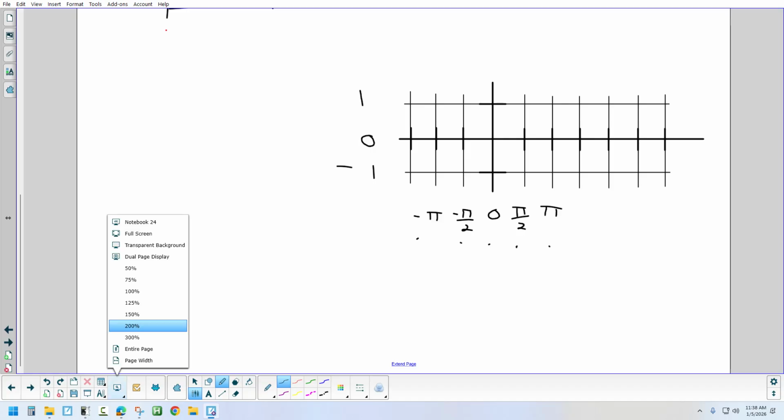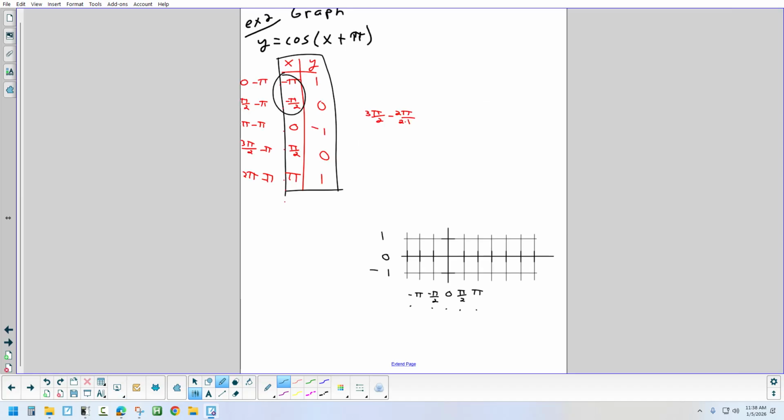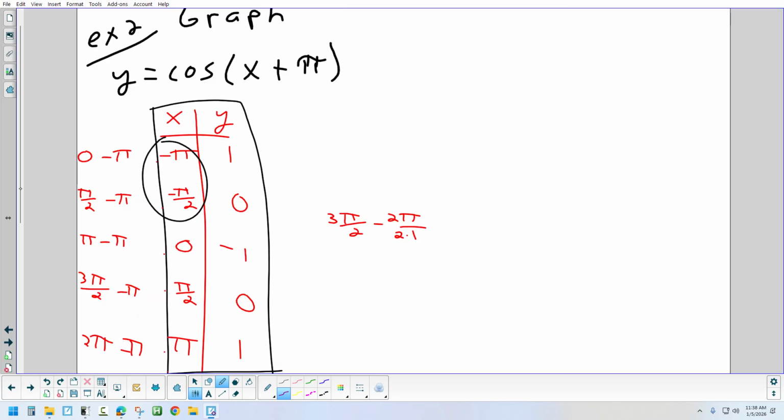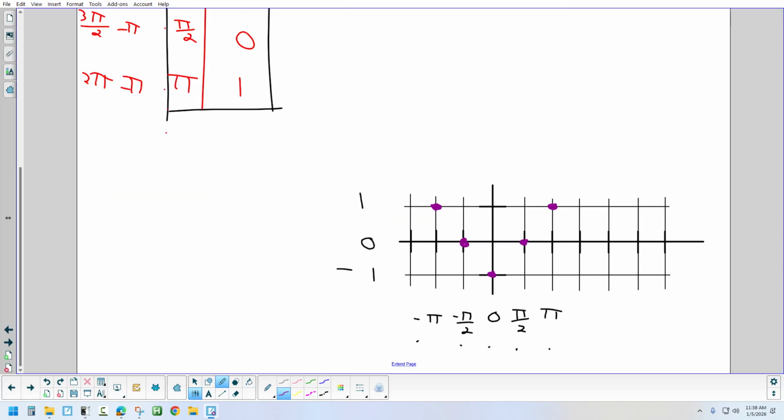Okay, and now let me just zoom out and do my sketch. So negative pi, we're at 1, 0, negative 1, 0, 1. Now, that kind of looks like a V shape. Don't draw it as a V though.